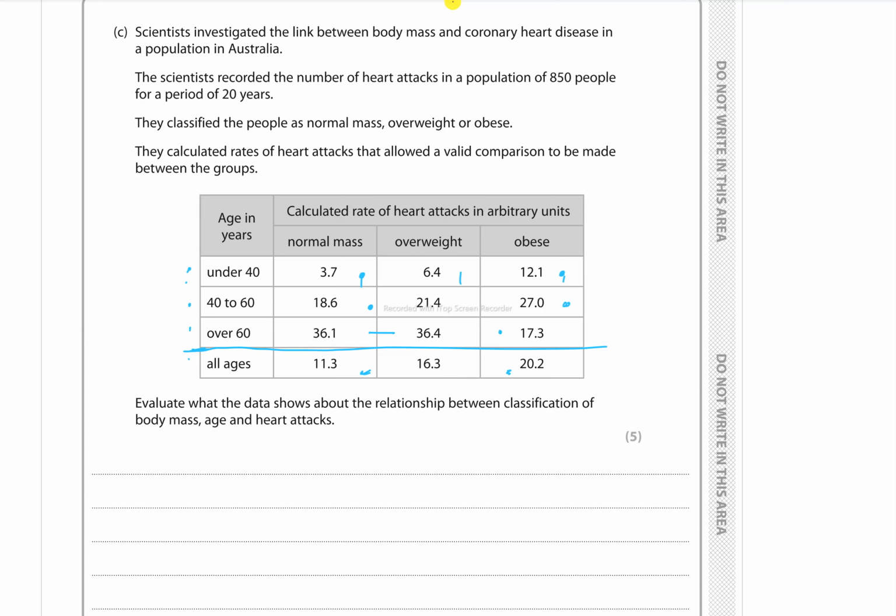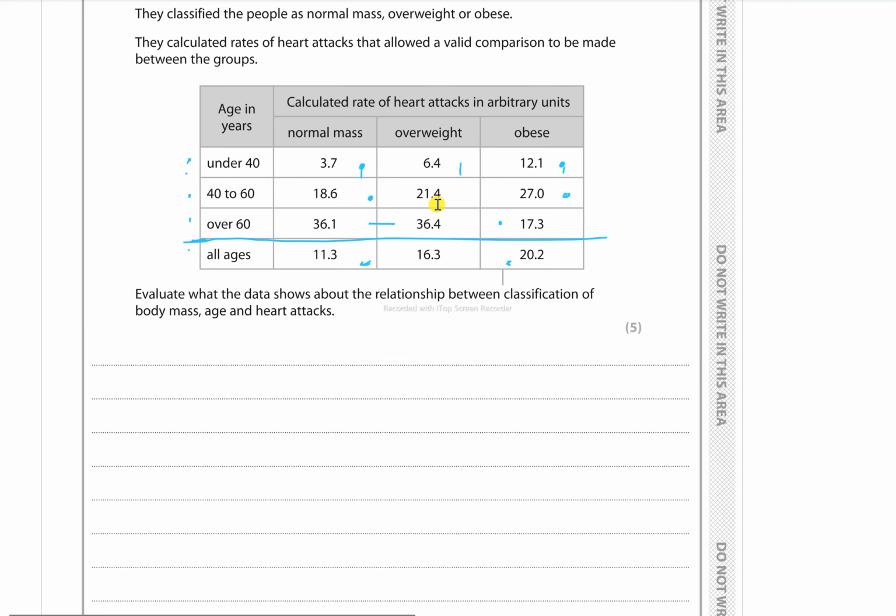So now we've got to evaluate this. Reading is the easy bit. So what we can do is first of all talk about they used lots of people, so reliable.